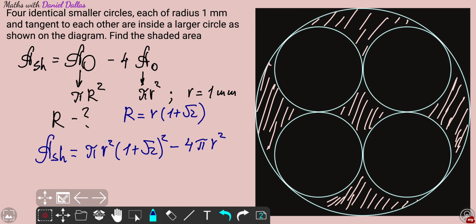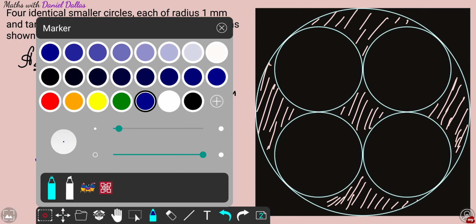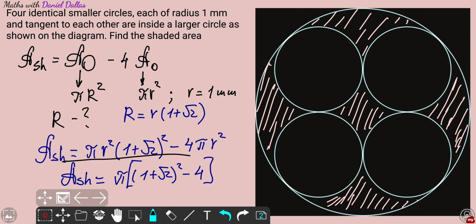We just plug r equals 1 millimeter everywhere, so the shaded area in terms of pi is going to be equal to pi times (1 plus square root of 2) squared minus 4, with pi as the common factor. If you like, you can simplify, but this is okay. We can consider that as the final expression in terms of pi for the shaded area in millimeters squared.